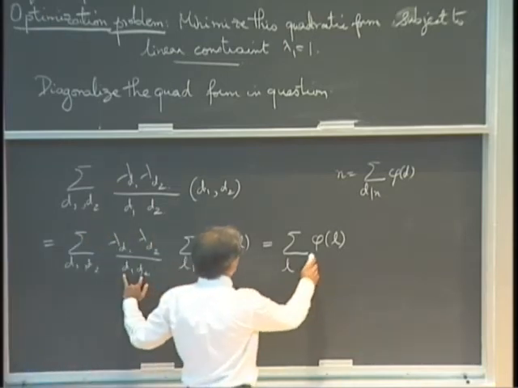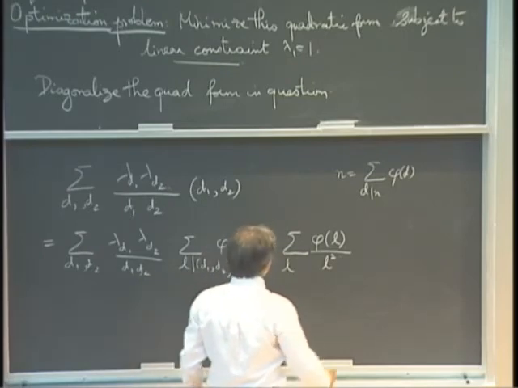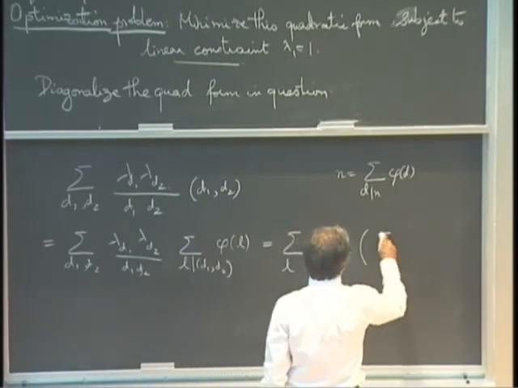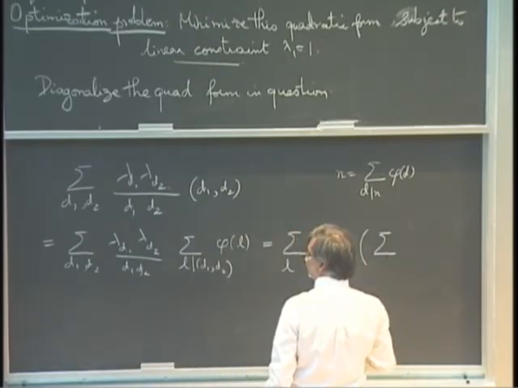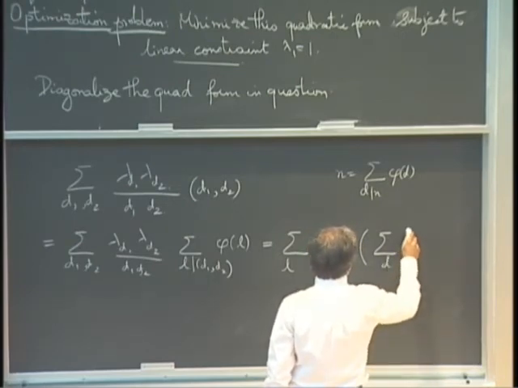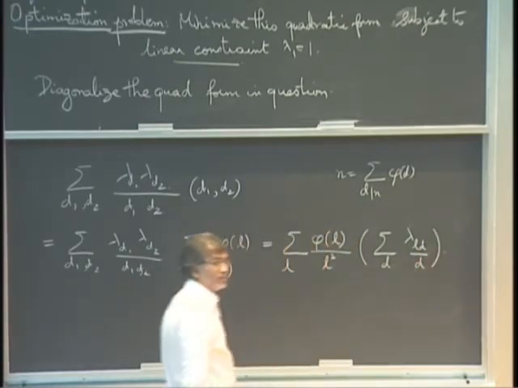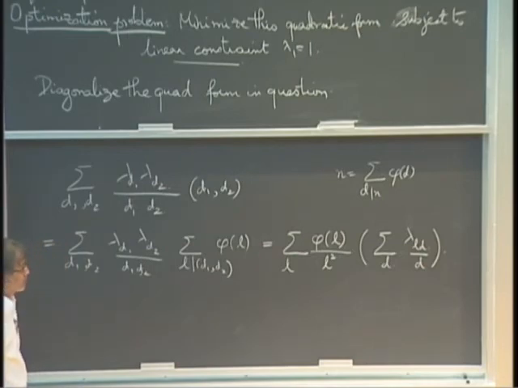Let's put L squared here. And then here I get a sum over d of lambda of L d divided by d, squared.